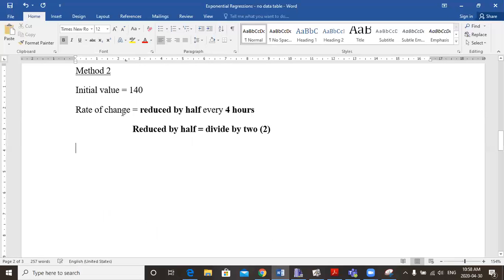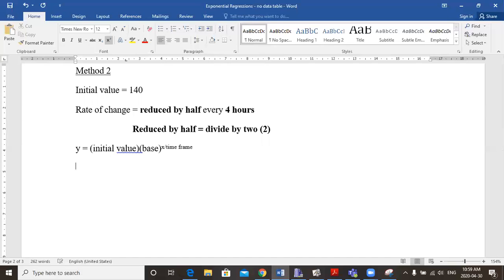Now, this is how we plug it in. I'll give you the general template. You would go y equals your initial value times the base to the power of x divided by the time frame. The 4 hours is our time frame.